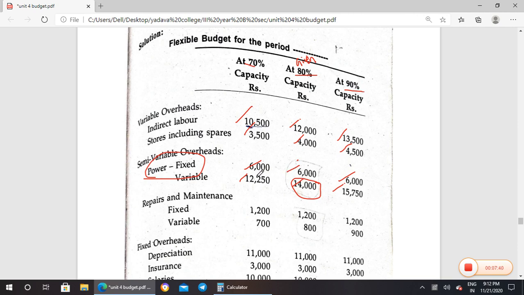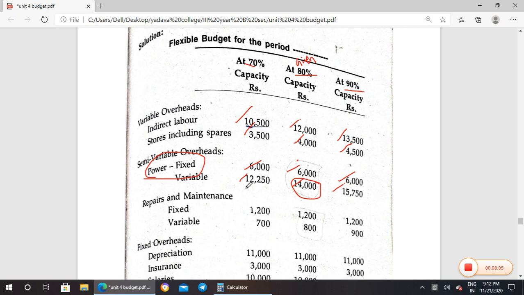Fixed means it cannot be changed for any percentage. Whatever the percentage may be, the fixed amount cannot be changed. So we are putting the same amount for all the percentages. But from the given, we have to deduct, and that 14,000 is the deduction one. Out of 20, 14 is variable. With the help of that variable only, we have to follow that method.